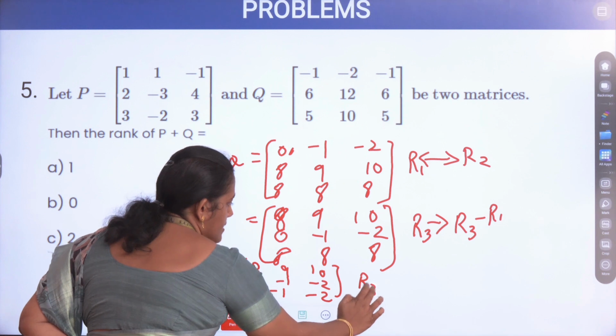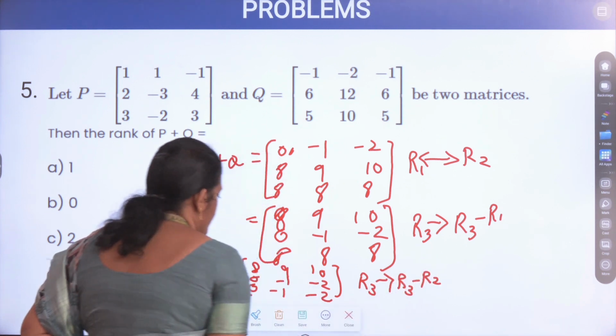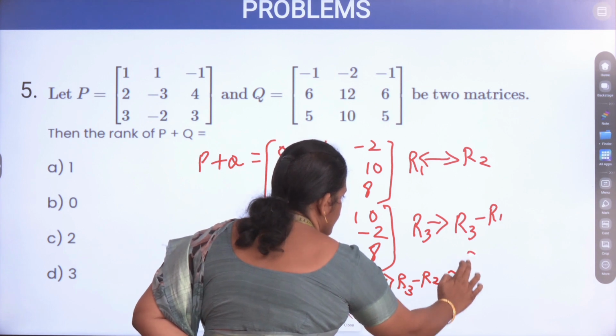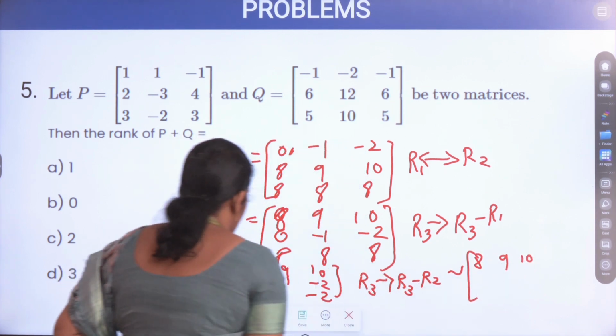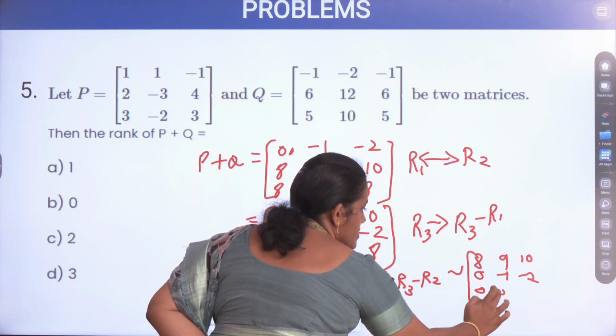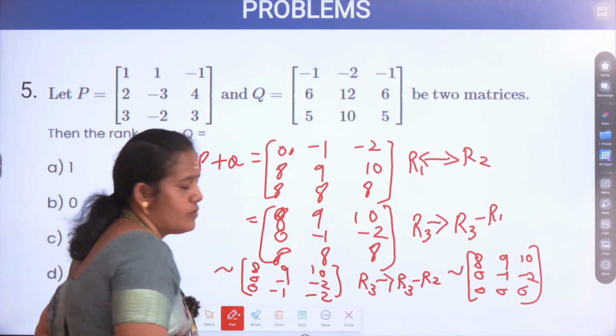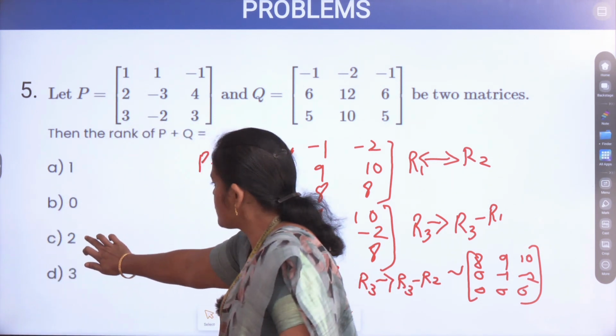Finally, R3 implies R3 minus R2. This can be 8, 9, 10, next 0 minus 1 minus 2, these are all 0. So one row vanishes. So the rank of the matrix is 2.